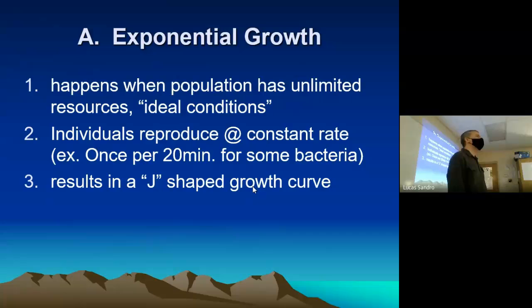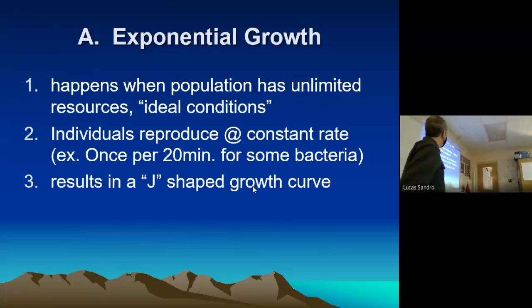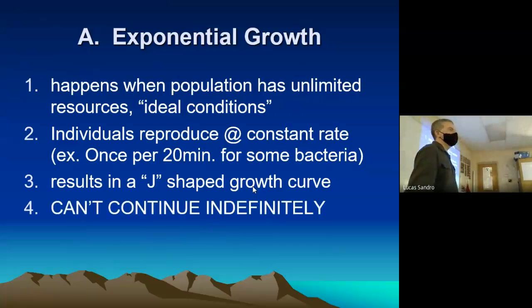Unlimited resources. Yeah, when we call something a resource, we're sort of saying, almost implying without saying, that it's a finite thing. A resource is something that can be depleted. It is not unlimited. So the thing about exponential growth is this. It can't go on forever. It doesn't go on forever.